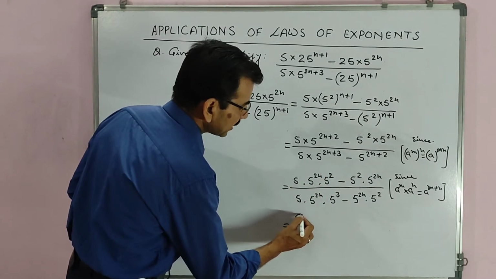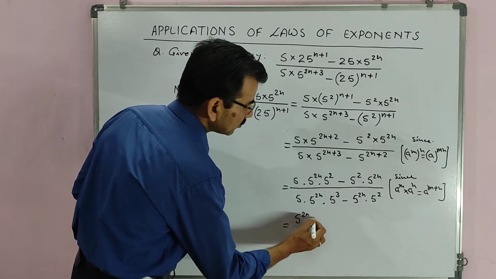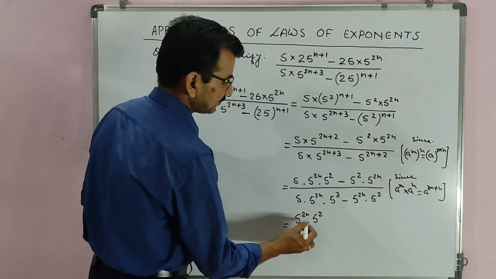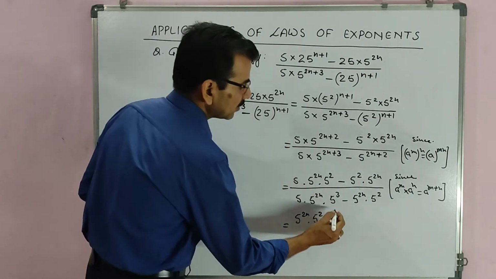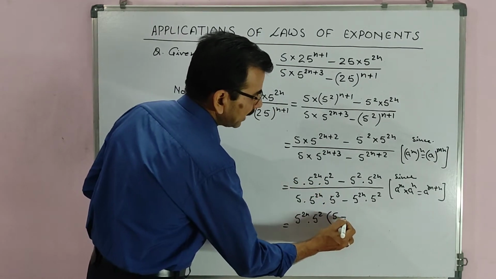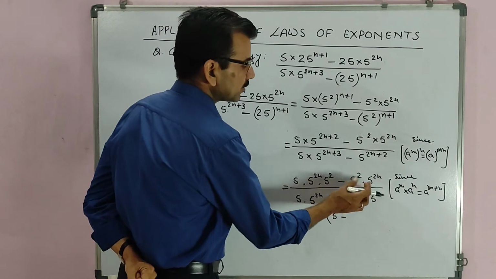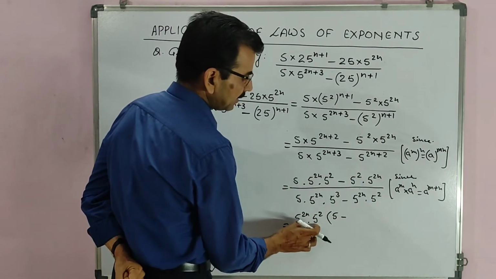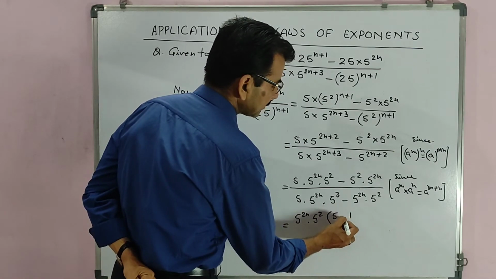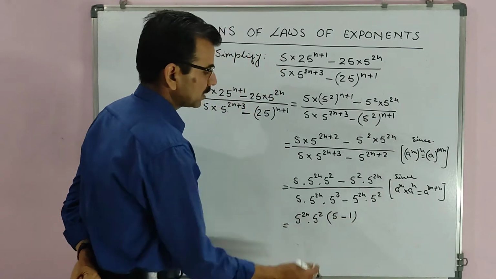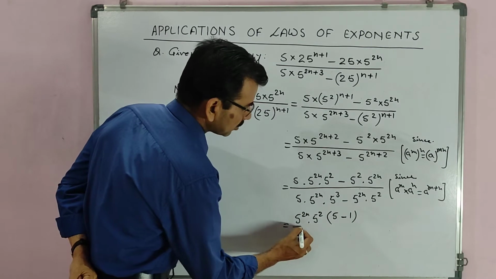So let us write separately 5 raised to power 2n into 5 square. Inside the bracket, the remaining number you write 5 minus, and here since we have taken whole outside the bracket, so what is left? Yes, good, 1. Use the bracket for that, upon.